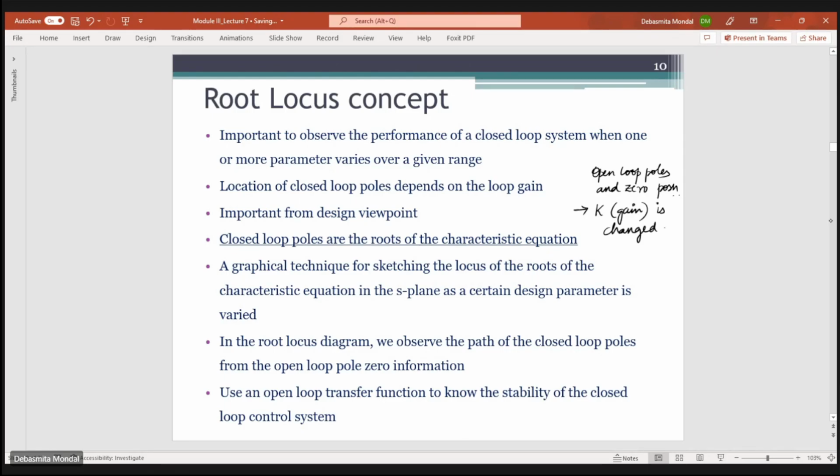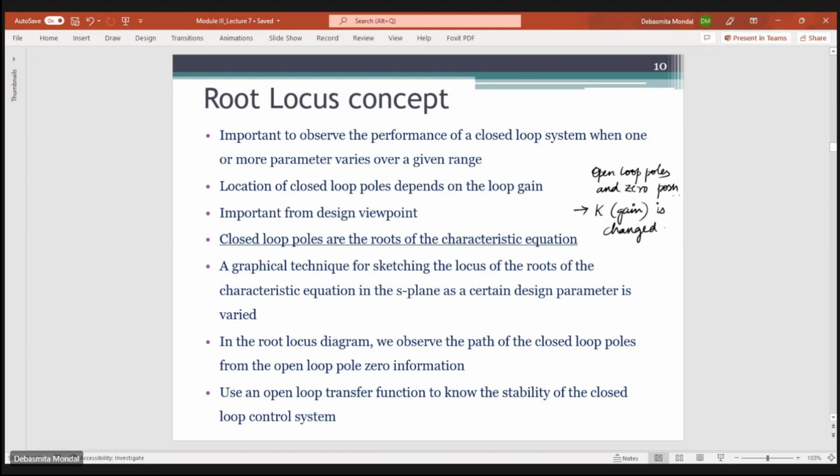So using this root locus plot, we will observe how the path of the closed loop poles changes, how they move, as we change the value of a certain parameter. In most cases we are interested in the gain k of the system.